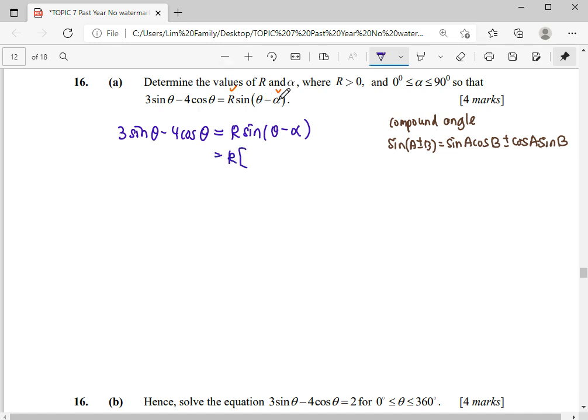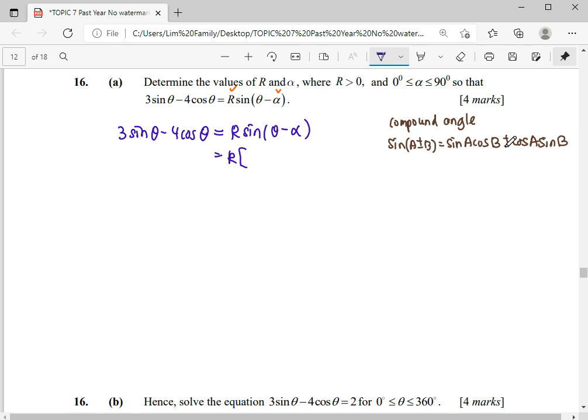R sine theta minus alpha, so sine theta minus alpha is our compound angle. So we will expand our compound angle sine A minus B, where A here refers to theta and B here refers to alpha. So the operation is minus.